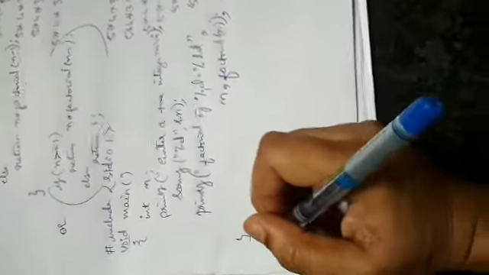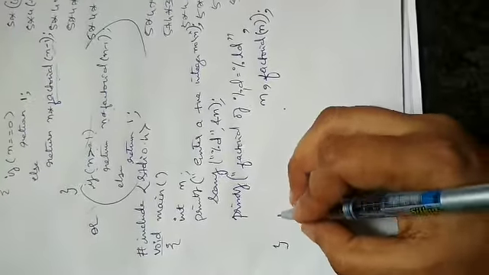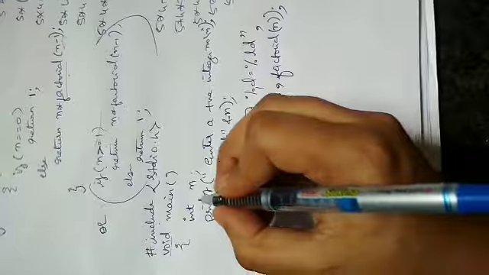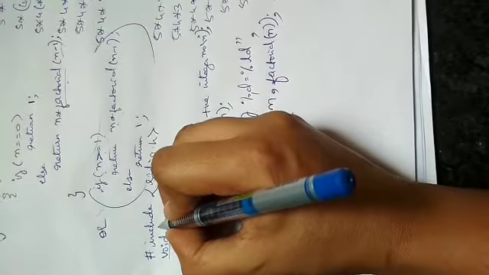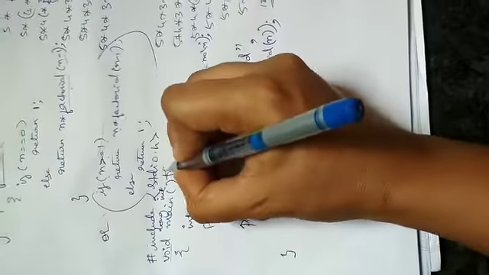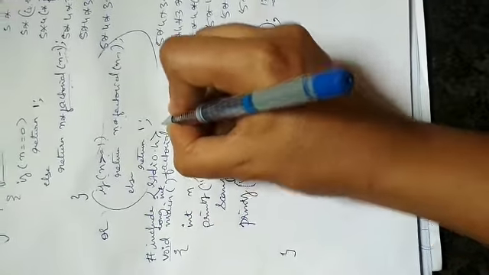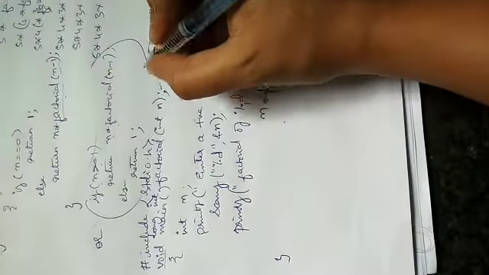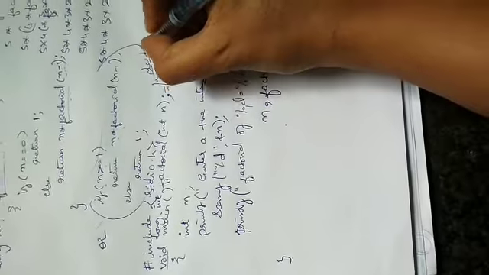One thing you should know: function declaration should always be there. So I have to declare it before the main function. I declare long int factorial(int n); and the semicolon is a must. So this line is called the function declaration.